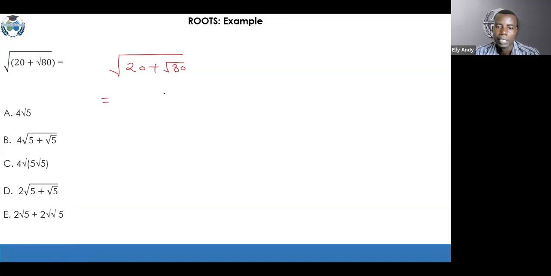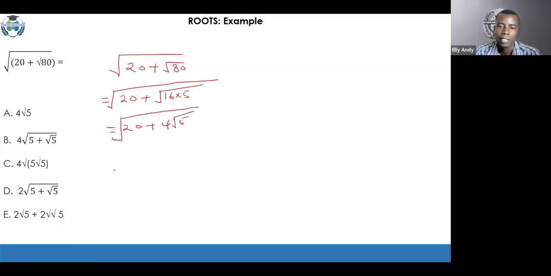So we can have 80 as 16 times 5. I've picked 16 because I want to simplify this question, which means I want a number with a perfect square so that I can take it out of the square root. So this will give us root 20 plus 4, because that's the square root of 16, then root 5. You should not forget about this.